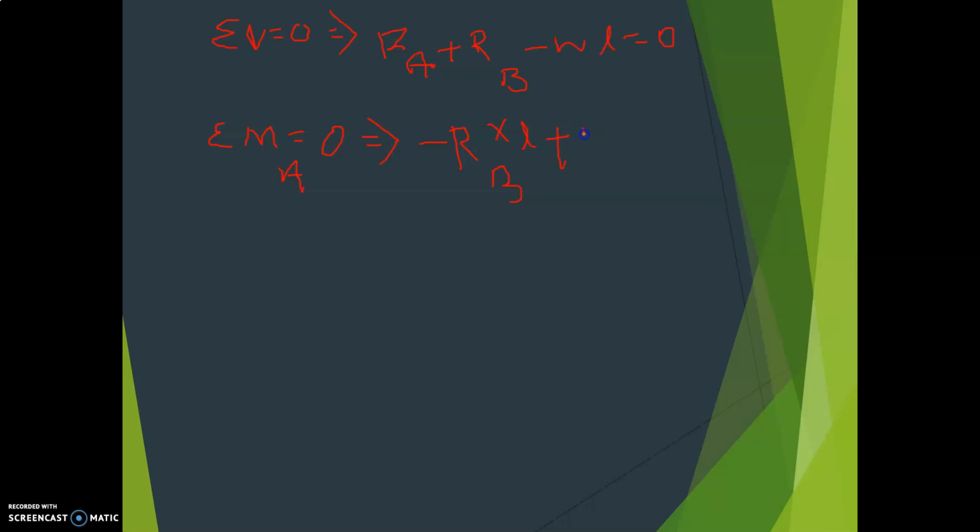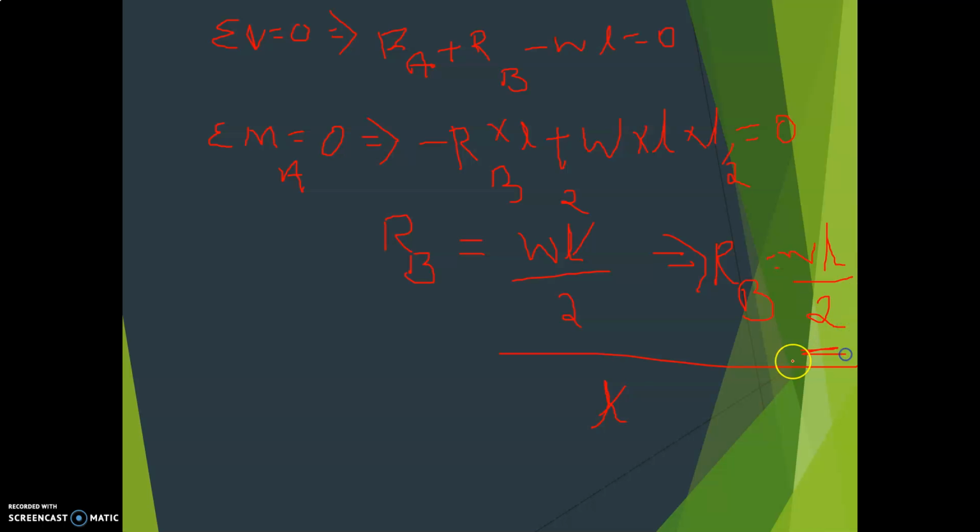So plus W into L into L by 2, clockwise, is equal to 0. Simplify this, what you will get? RB is equal to WL square divided by 2, divided by L. L gets cancelled, you get RB equal to WL divided by 2.